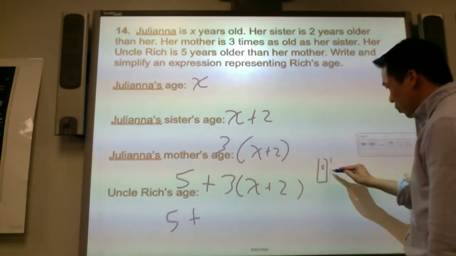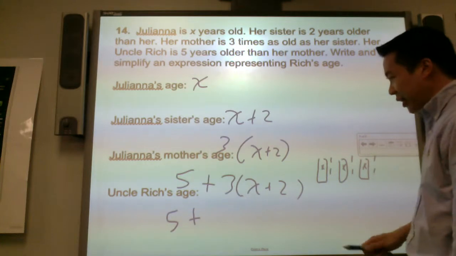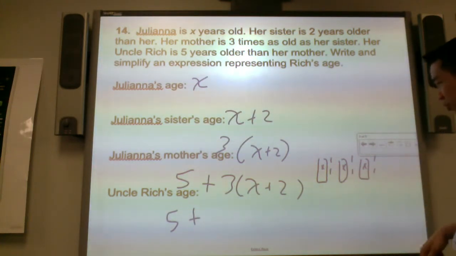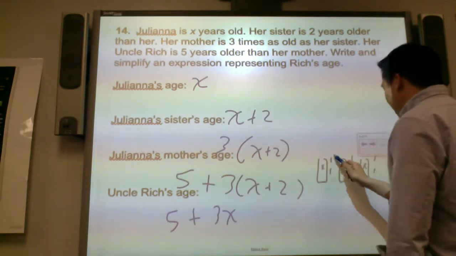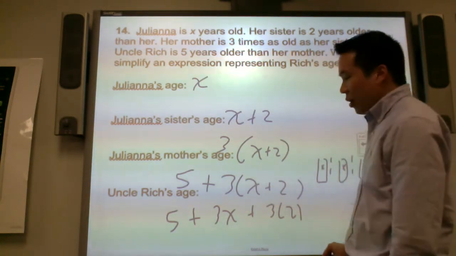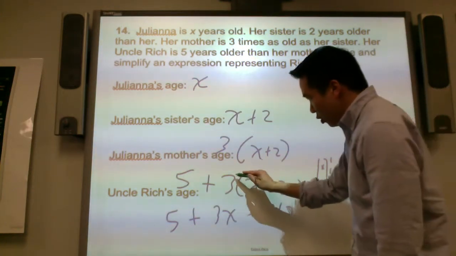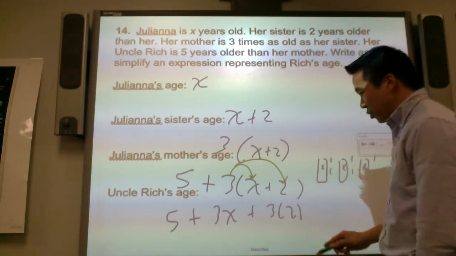So here's an x, 1, 1. Here's another x, 1, 1. Here's another x, 1, 1. We have 3 groups of x plus 2. How many x's do you see here? I see 3 x's. How many 2's do you see? I see 3 groups of 2. So, what if you didn't want to draw algebra tiles? Could you have done it this way? 3 groups of x, 3 groups of 2.